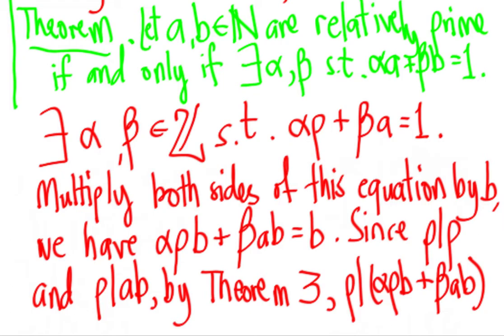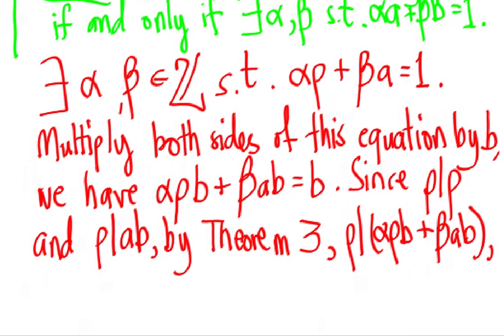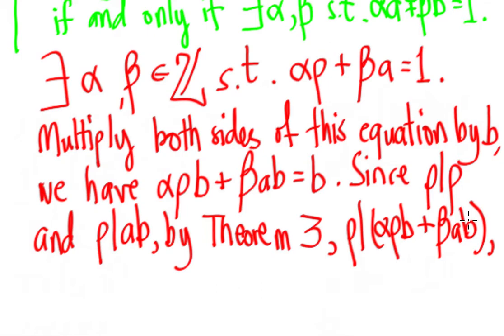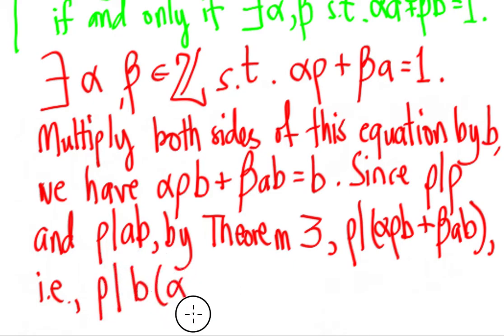Both terms have B, so if we factor B out, P divides B times (alpha P plus beta A).